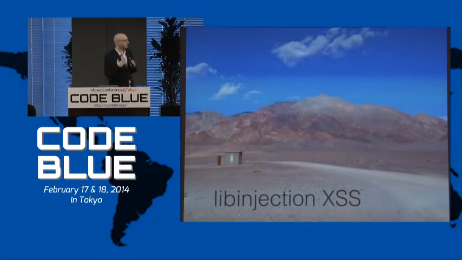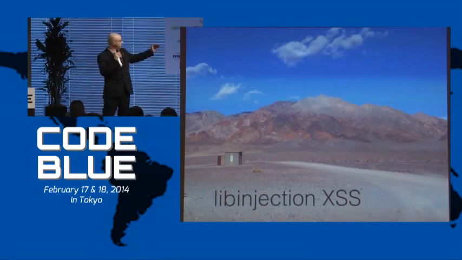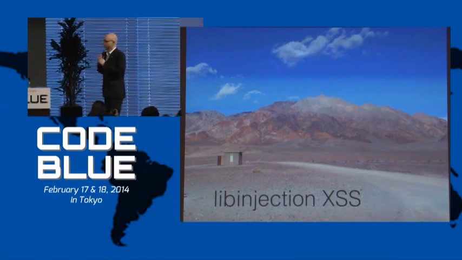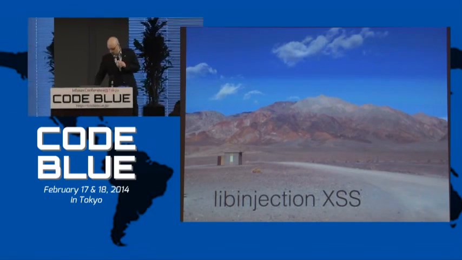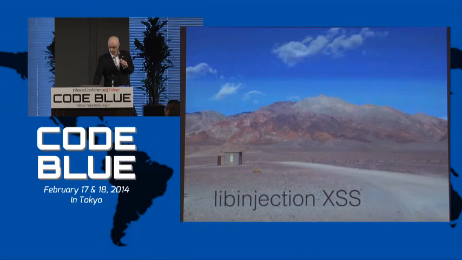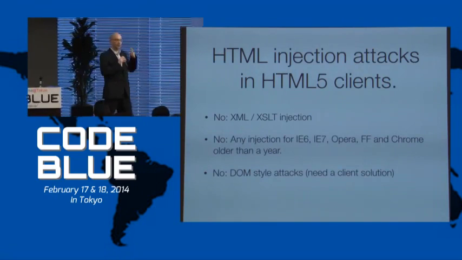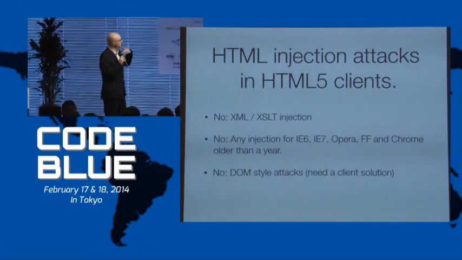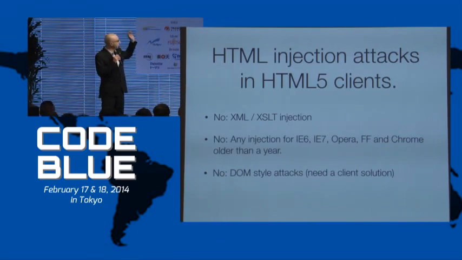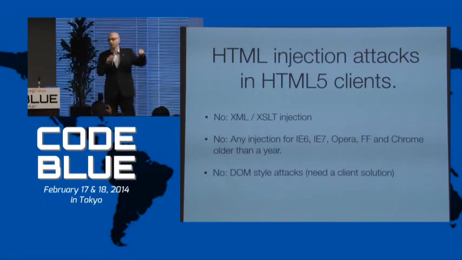So, given this, I'm going to introduce libinjection XSS. One problem I saw in old systems of detecting cross-site scripting is they weren't focused, or they didn't have a clear goal. My goal is to detect HTML injection attacks on new browsers.